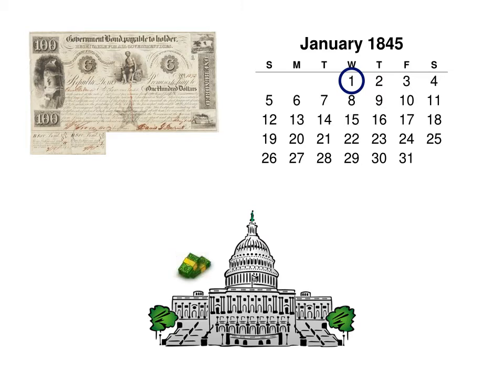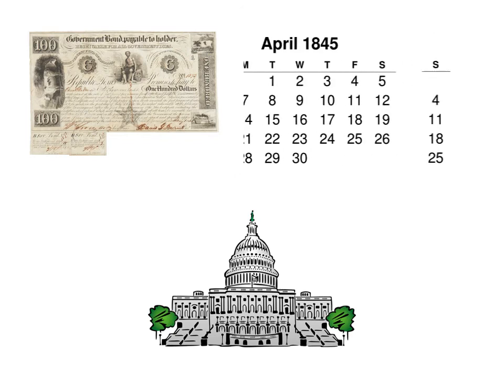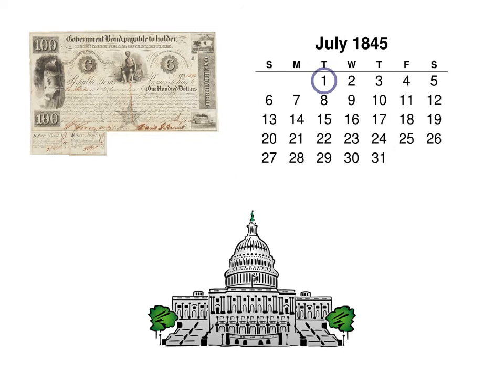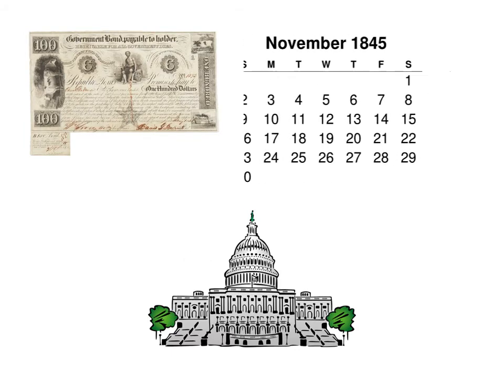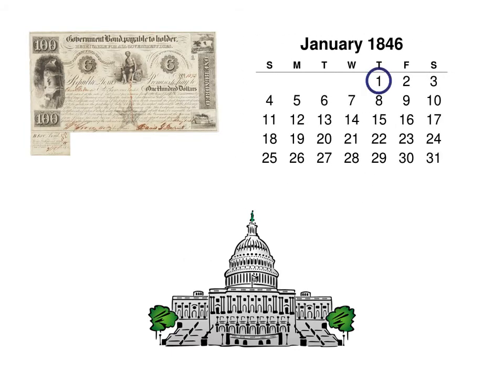So we're entering the last year of interest payments. Another $4 into my pocket. And then I will reach the maturity date of the bond. On the maturity date, I'm going to receive my last interest payment of $4.